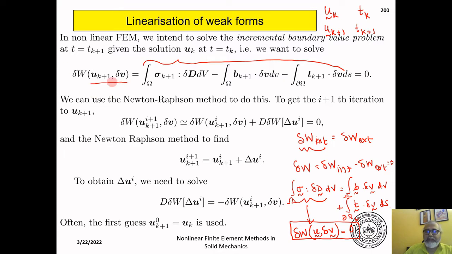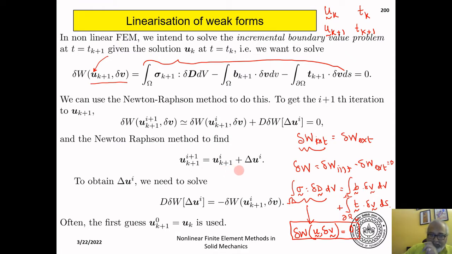I will do Newton-Raphson to find a suitable UK plus 1 that satisfies this equation for an arbitrary delta V. To do that, we again do the linearization of this. So del W at the I plus 1th iteration is del W at the ith iteration plus the directional derivative of del W in the direction of delta Ui, where delta Ui is the correction to the value at the ith iteration of UK plus 1.